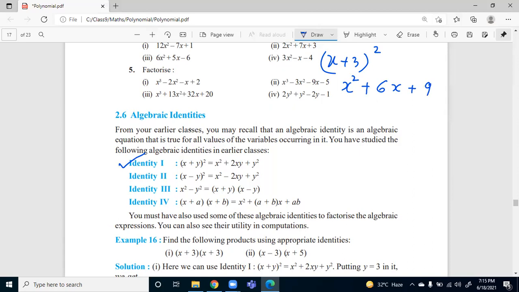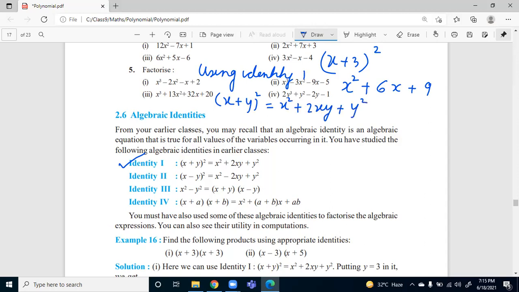So what you need to write in your exam: for (x + 3), first step, you should write (x + 3) whole square. Then after that, you should write using identity 1. What is identity 1? That you need to write (x + y) whole square is equal to x square plus 2xy plus y square.